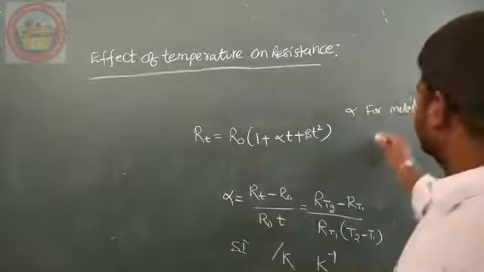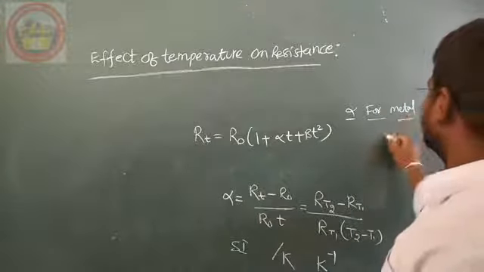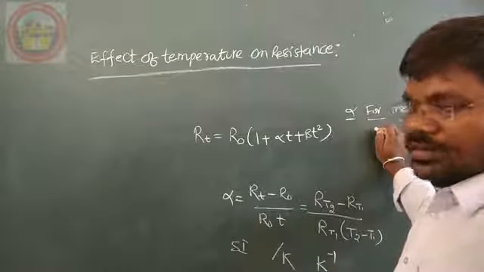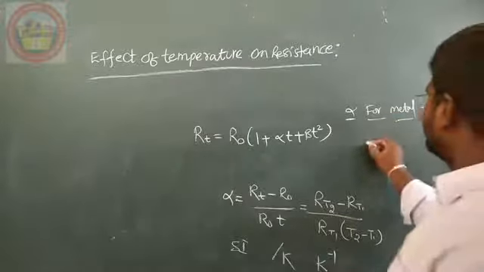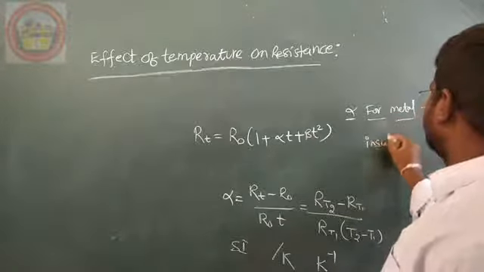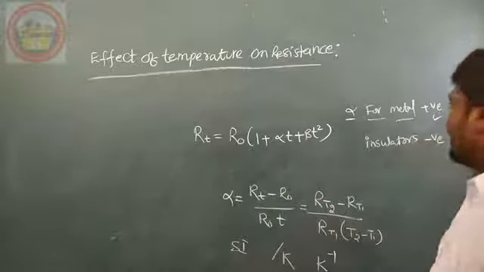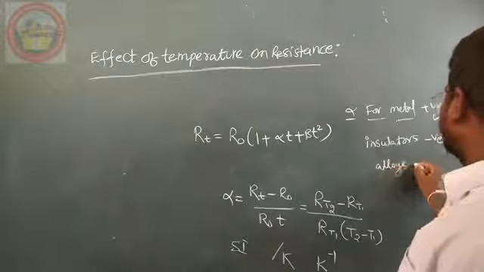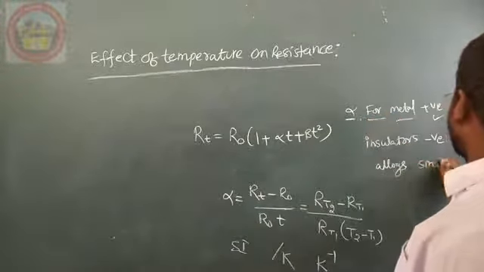Alpha for metals, that is conductors like aluminum and copper, is positive. For insulators it is negative. For alloys, alpha is very small.